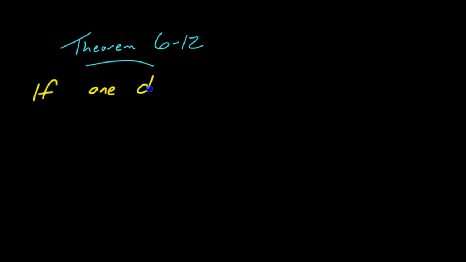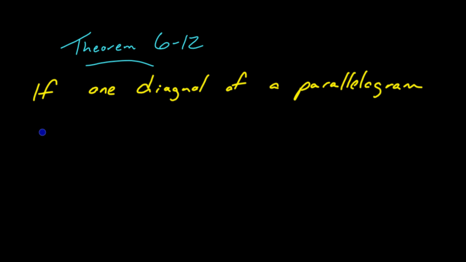If one diagonal of a parallelogram bisects two angles, it has to bisect both angles.